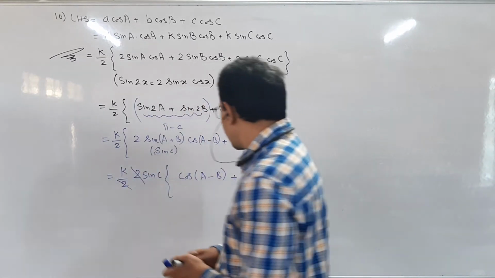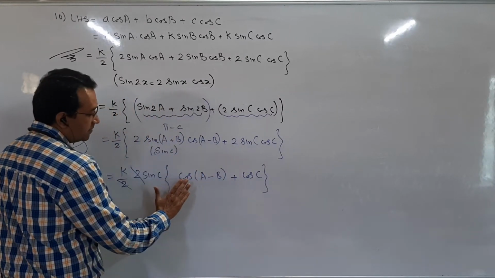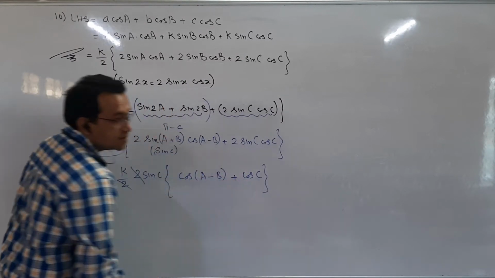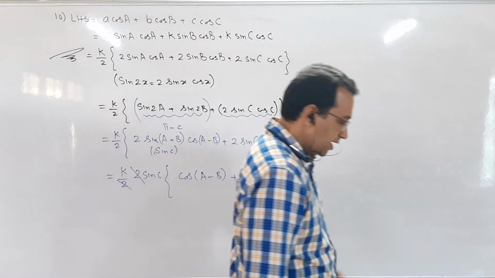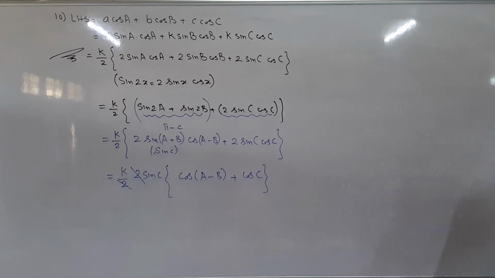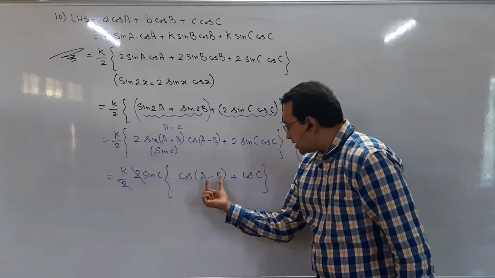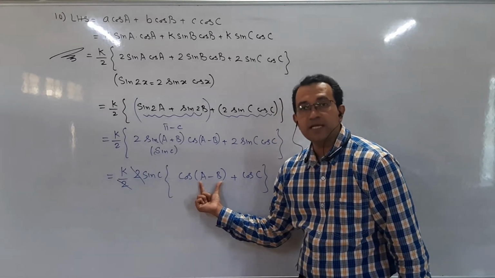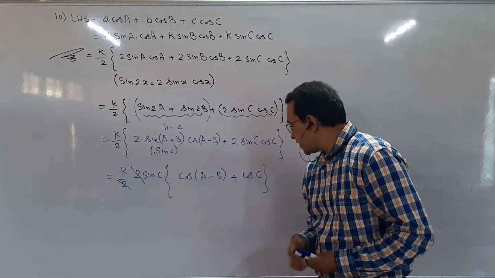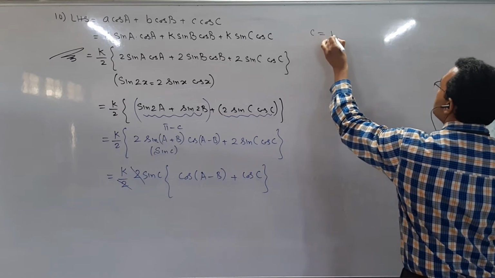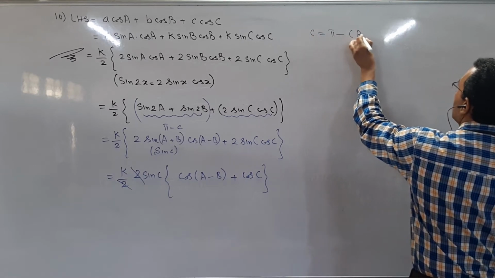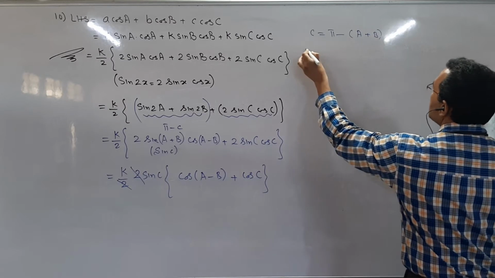Now students, you can understand that I have to apply the formula of c plus c, which is 2cc. If I am going to apply the formula of 2cc, then the angles must match. If this term has angles A and B, this term must also have angles A and B. For that, we know that C is equal to pi minus (A plus B).